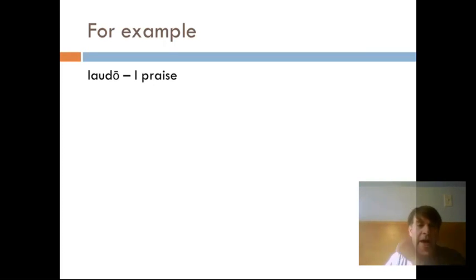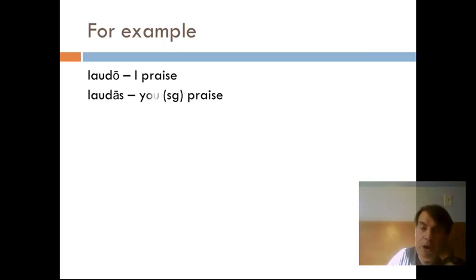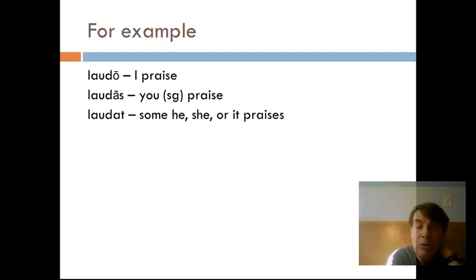What that means is that I'm showing you all the different forms of laudo, so to speak. So I've already mentioned that laudo means I praise, and I've mentioned that laudas means you, one you, you praise. Laudat is the third person singular. It means that a he, a she, or an it praises. Not all three. That would be a conglomeration, wouldn't it?